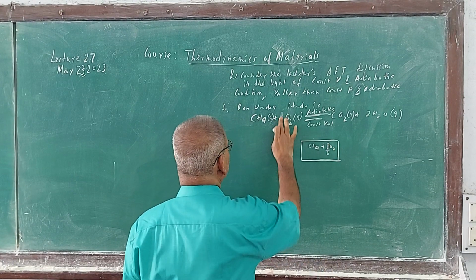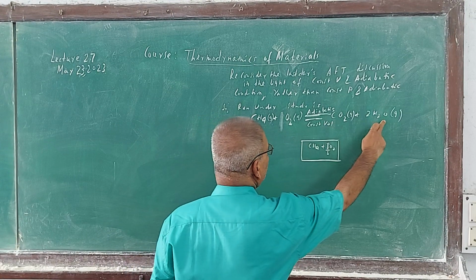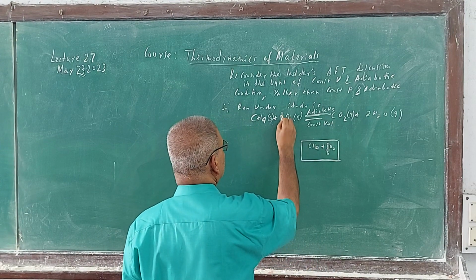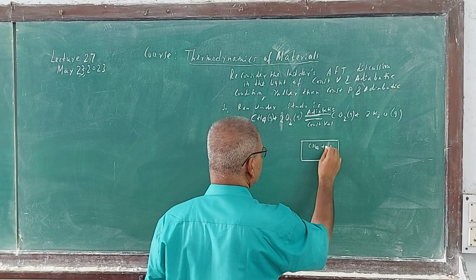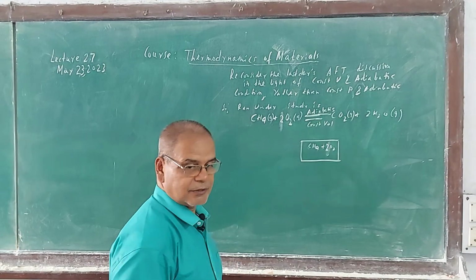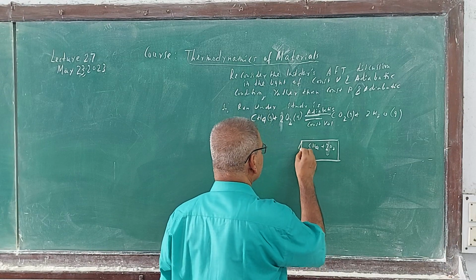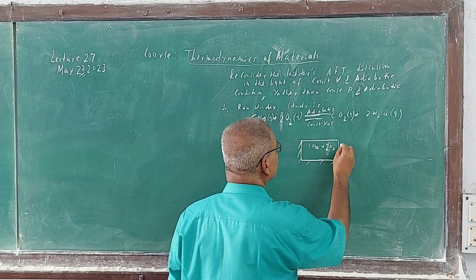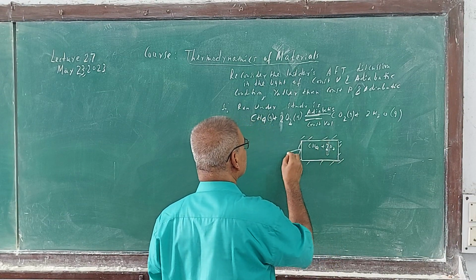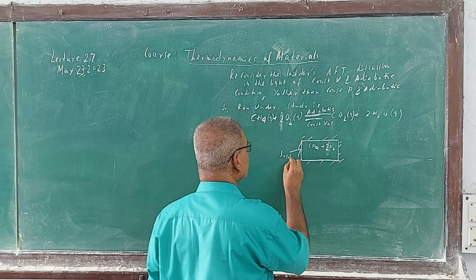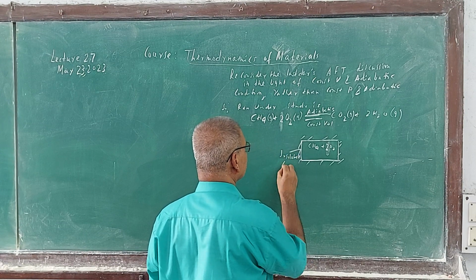No, it is 2O2, sorry, why 3 by 2 O2 unnecessarily? It's 2O2, okay? This is adiabatic. Insulation means adiabatic. Insulated. That is adiabatic.